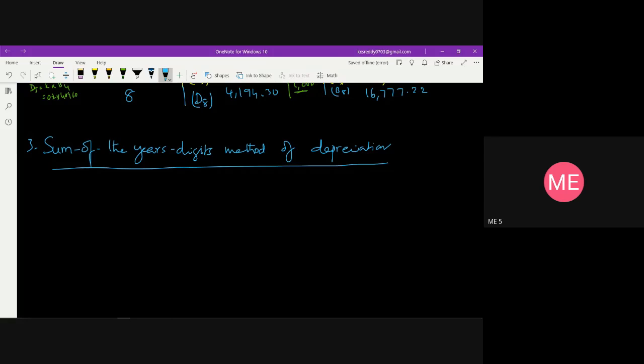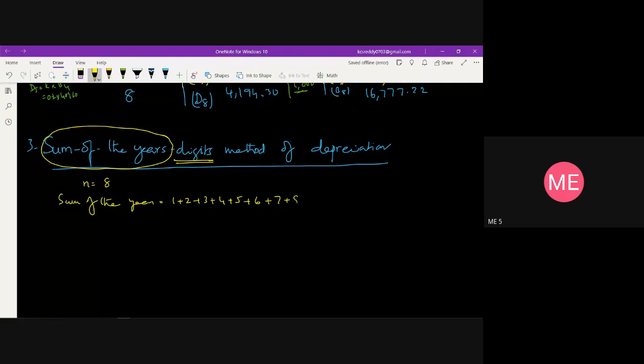In this case, the name says it: the sum of the years. So we are going to add all the years. For example, if the service life n is given as 8, sum of the years digits means 1 plus 2 plus 3 and so on.